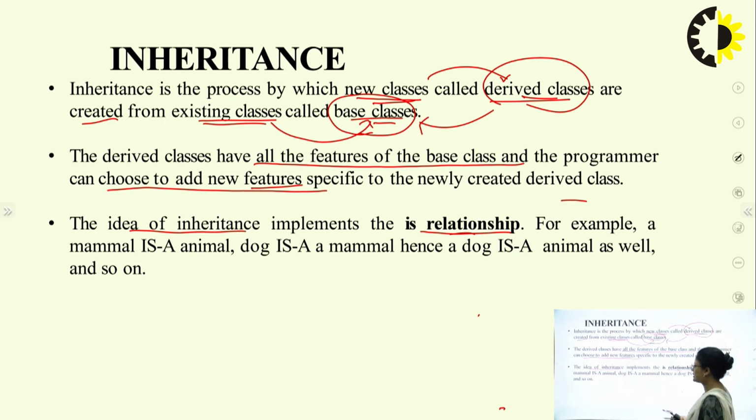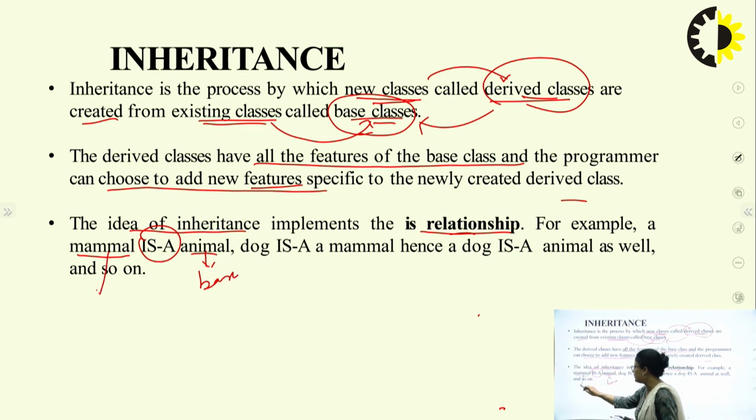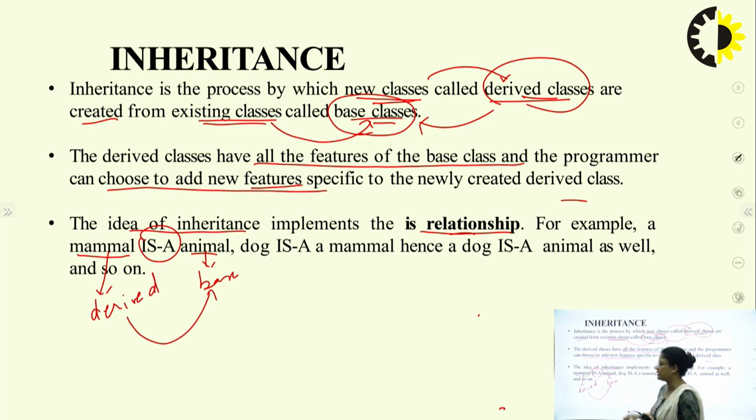It's something like, for example, a mammal is an animal. So we can have a class for animal, which we will call the base class, and we can create a class for mammal, which will be the derived class. This derived class will inherit from the base class, and mammal will have all the properties of animal.